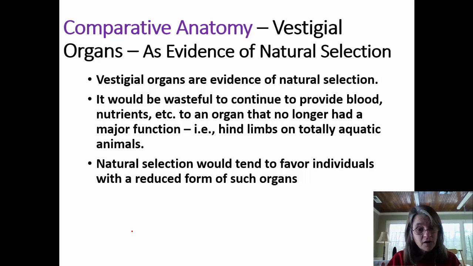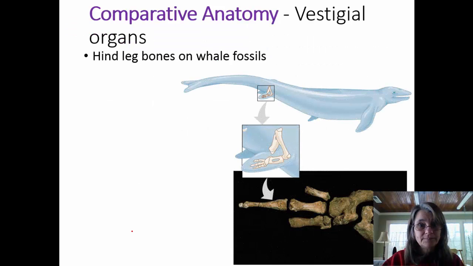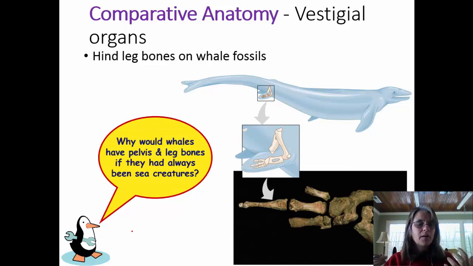Natural selection then would tend to favor individuals who didn't waste their important resources on supporting such organs. And so those organisms survive more, reproduce more, and slowly over time, those organs just get eliminated. Okay, so again, why would whales have pelvis and leg bones if they had always been sea creatures?